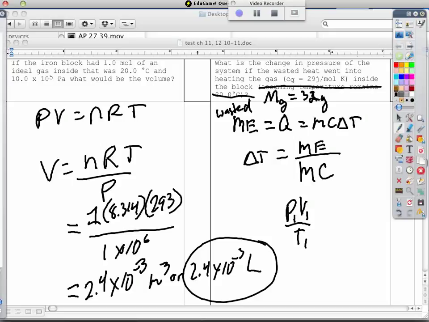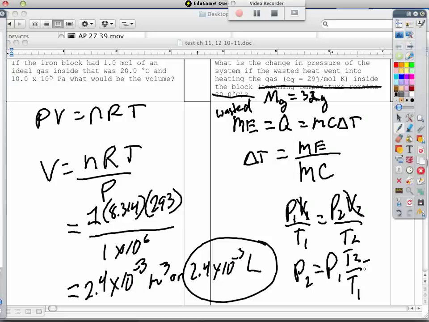P1 V1 over T1 equals P2 V2 over T2. Now, V1 and V2 cancel, right? Because it's the same container. Yeah, it's the same box. Very good. So then your P2 is equal to P1 T2 over T1. And T2 is in fact T1 plus delta T.